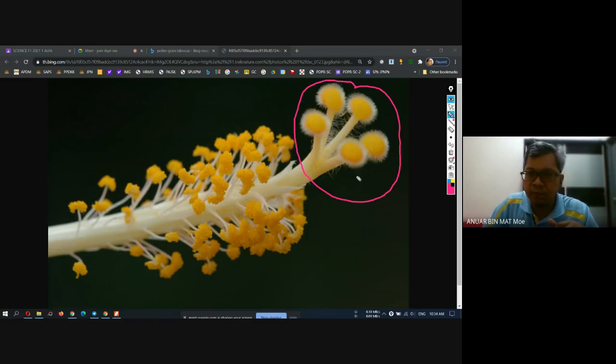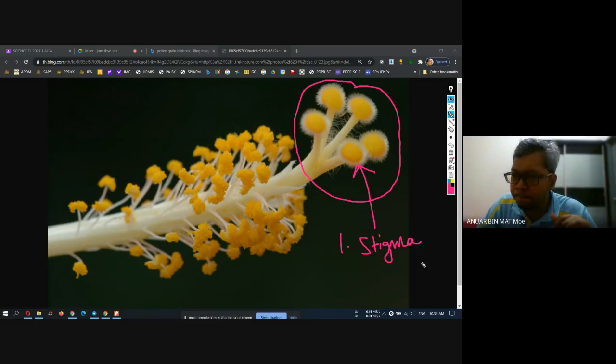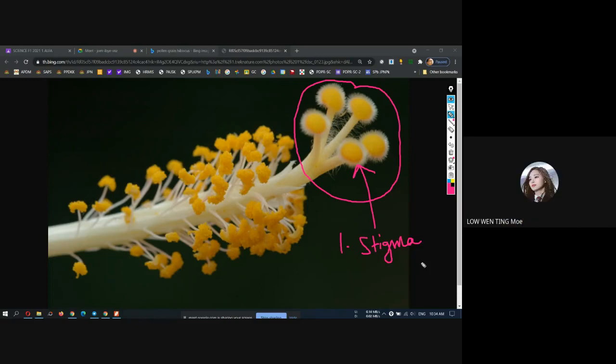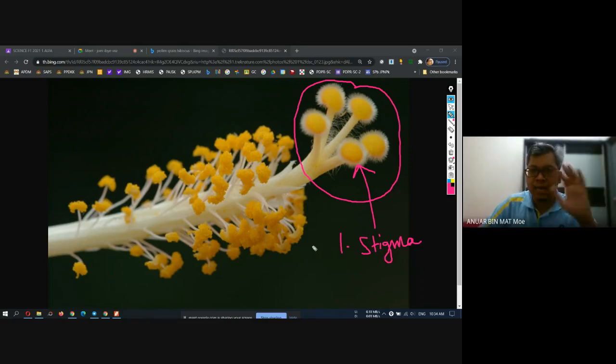What is the name of number one? Stigma. Is stigma male or female? Female. Stigma is female.